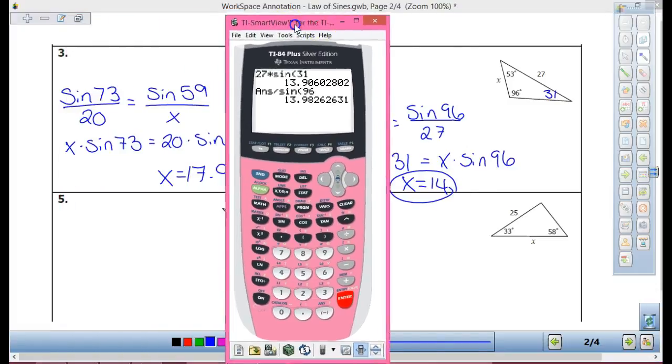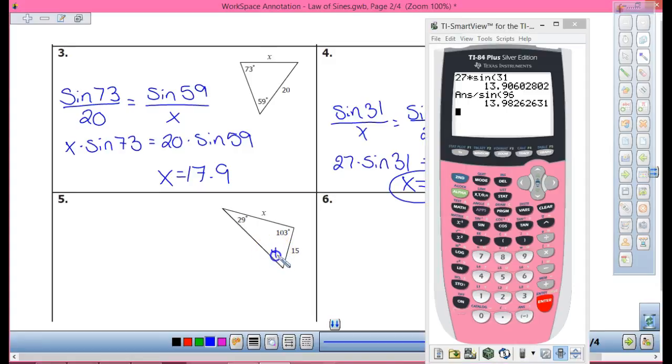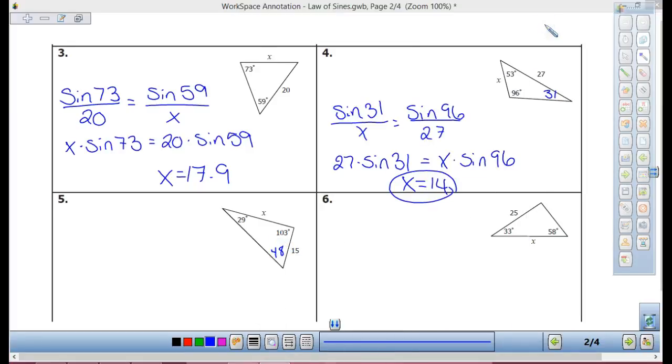Alright, so what do we have to do first thing in number 5? Now we gotta subtract from 180 so that we can get our angle, which is 48. In number 6, what do I have to do?